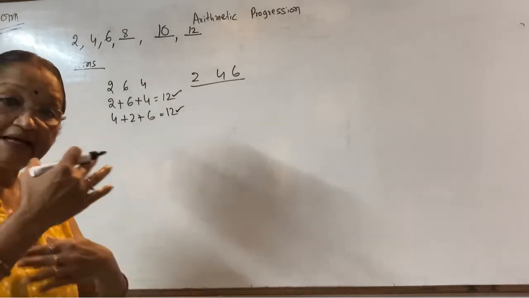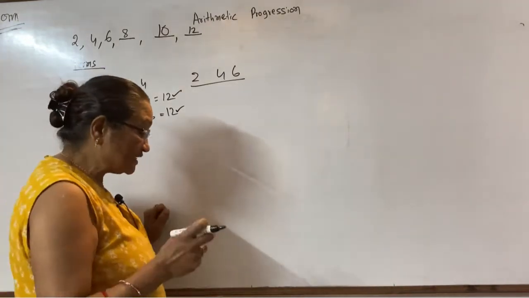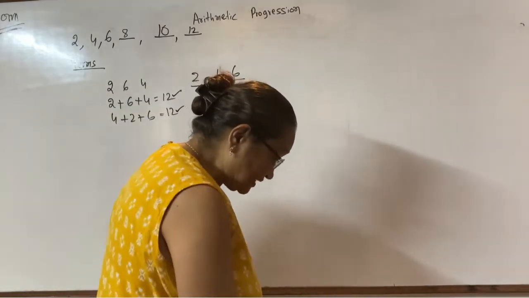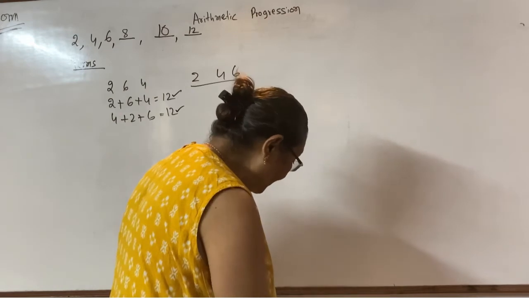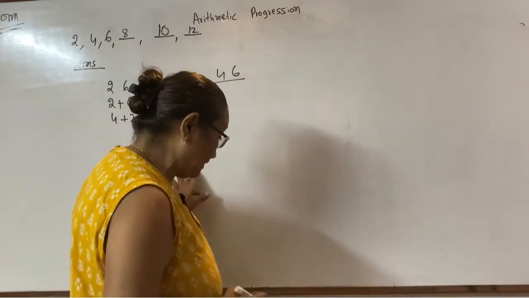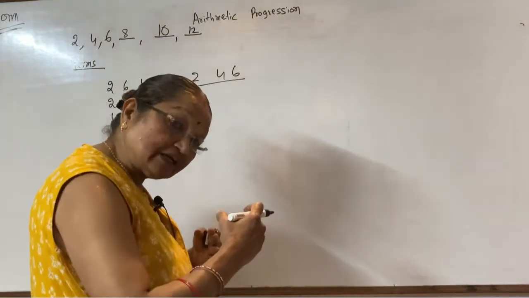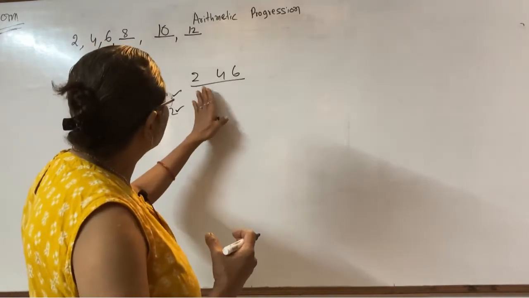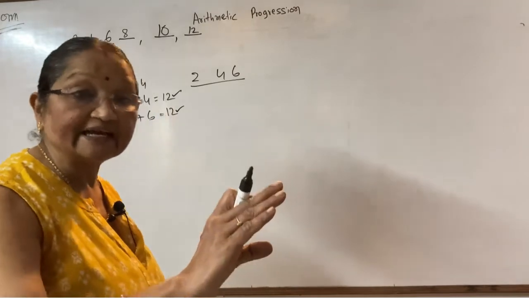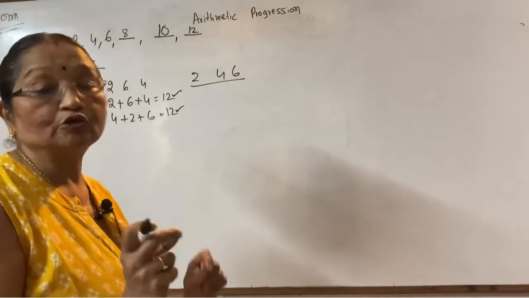It can be added in either way, but in sequence there should be a definite fixed number to get the other number. Now let's see AP. AP means arithmetic progression, means in the sequence all the numbers should be in either descending order or ascending order, and the difference should be same.